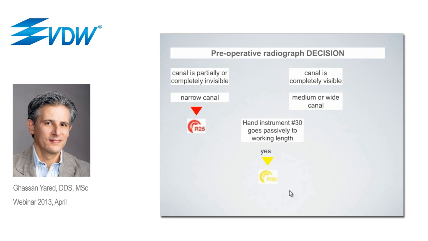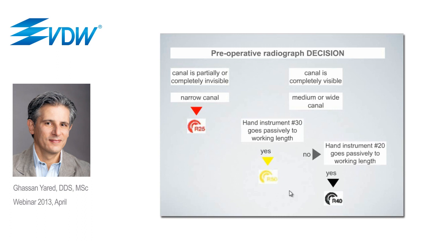As long as the number 30 hand file, which is straight, goes to length without any cutting. It has to reach length very passively. If the number 30 hand instrument does not reach length, we should not force it to reach length. We then take a number 20 hand instrument and we do the same test. If it goes to length passively without any cutting, then we use the R40.